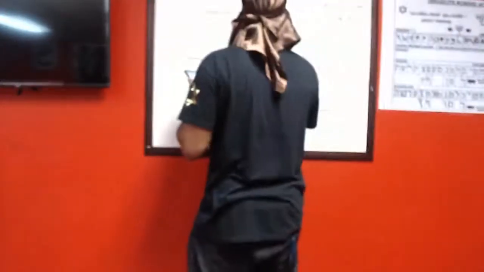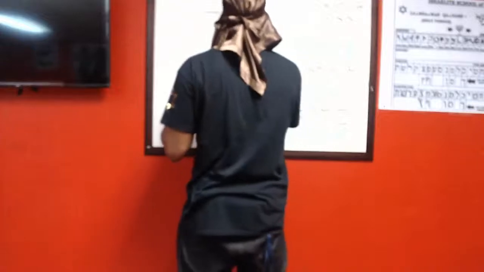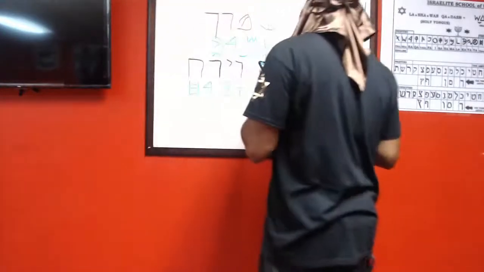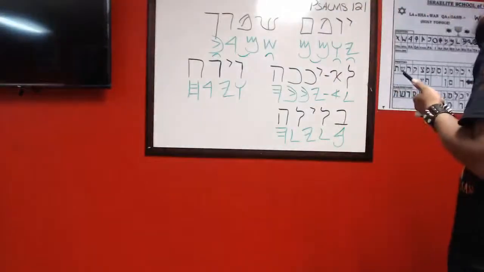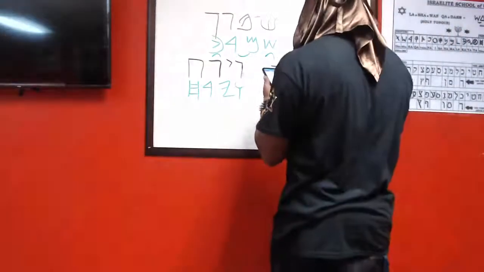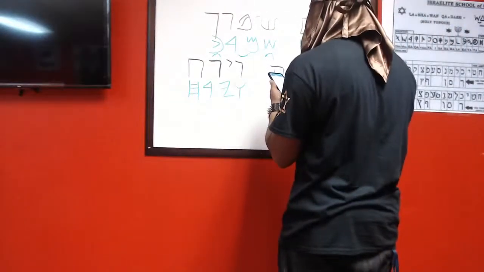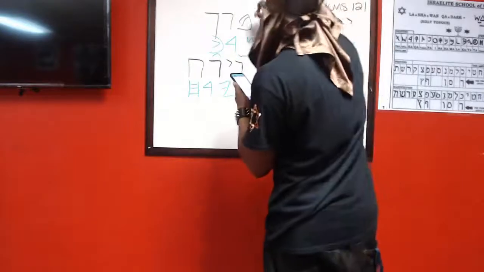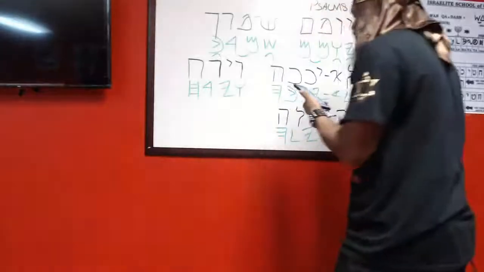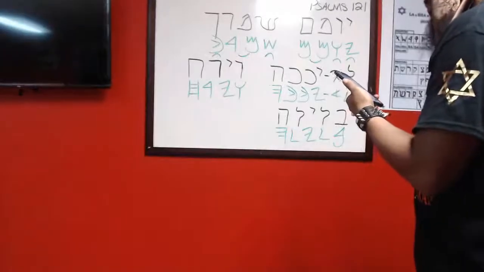I'm looking at what you wrote on the board. The second word, I think, is this verse 6? Yes. Verse 6? Yeah, we just went over 5. All right, I'm looking at what you got on the board.